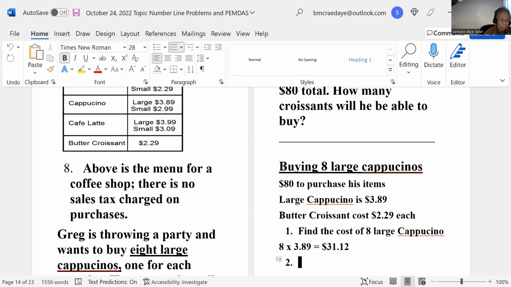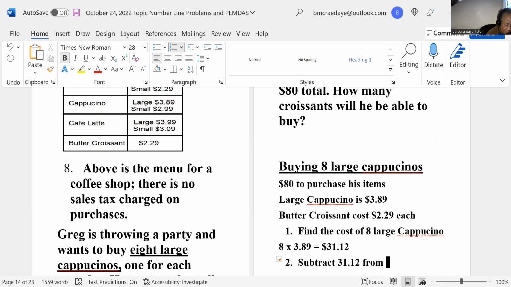No, no, no. If you spent $31.12 on the cappuccinos and you had $80 to spend, what operation would find the amount left? Subtract. That's right. So you'd have to subtract 31.12 from 80. Yeah.